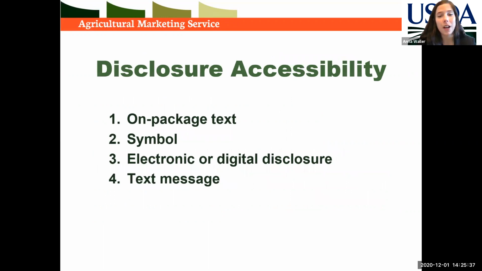There are 4 different options available to all regulated entities for packages of any size for disclosure. Those 4 are on-package text, symbol, electronic or digital disclosure, or a text message.